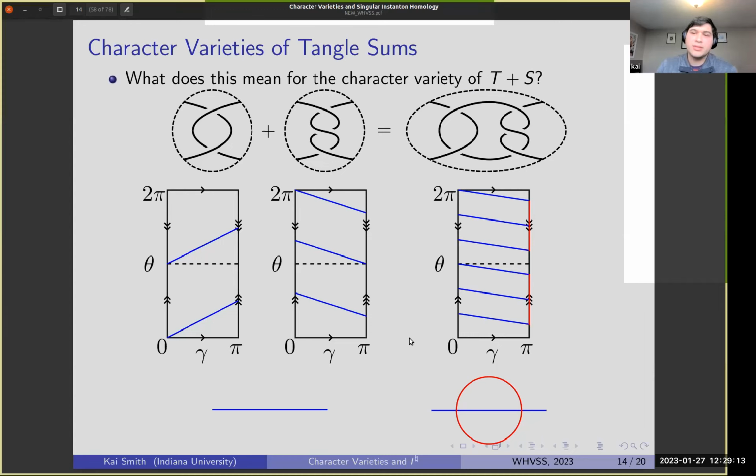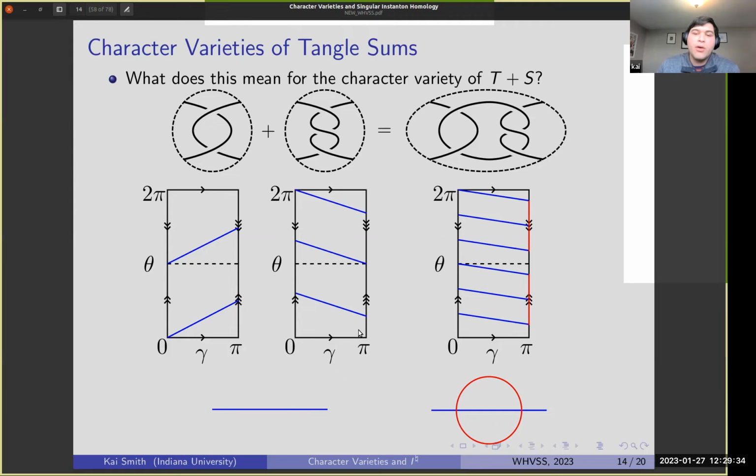So here's my tangle sum example. These two tangles here are just what are known as rational tangles. They're particularly easy to understand their character varieties. In each case, the character variety is just an interval, and the interval maps into the pillowcase in these two ways.